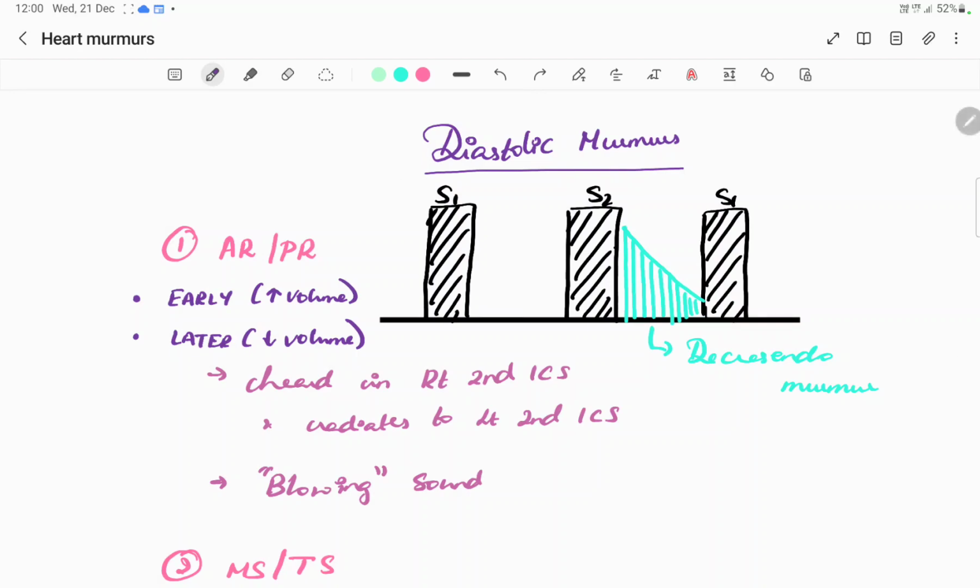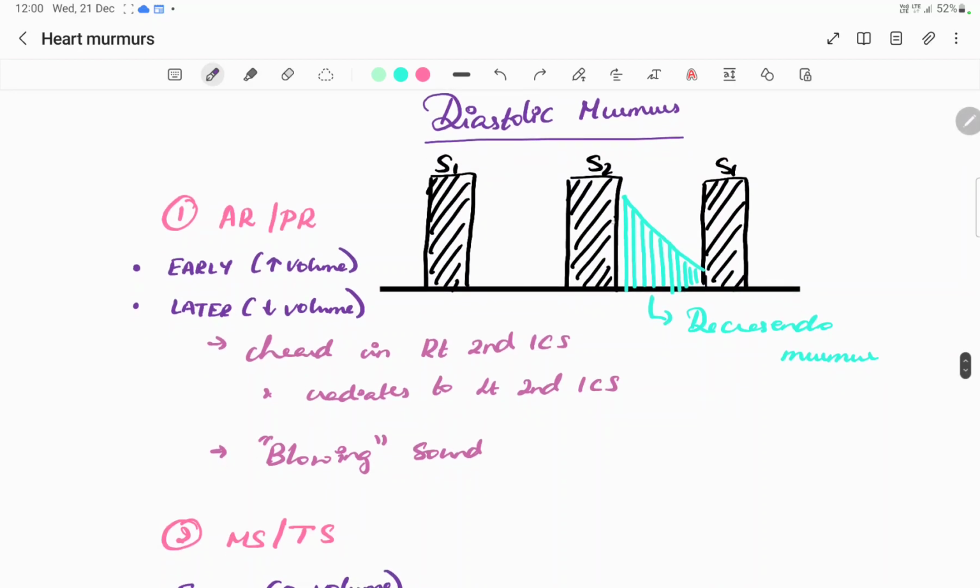Coming to diastolic murmurs. Diastolic murmurs start with S2, okay, S2 to S1. So first thing we're going to see is aortic regurgitation or pulmonary regurgitation. This is a decrescendo murmur. So earlier the regurgitation volume is going to be high, and then later on the volume will reduce.